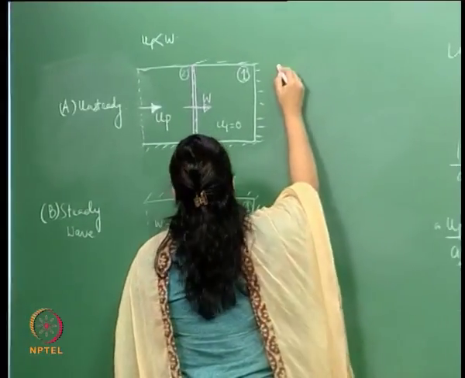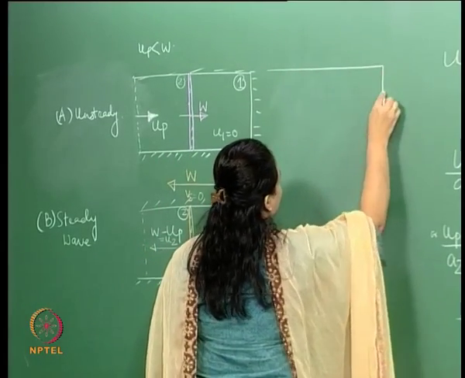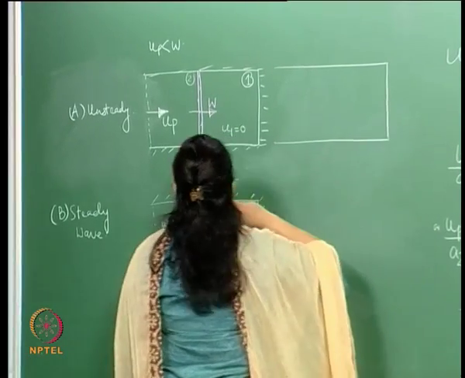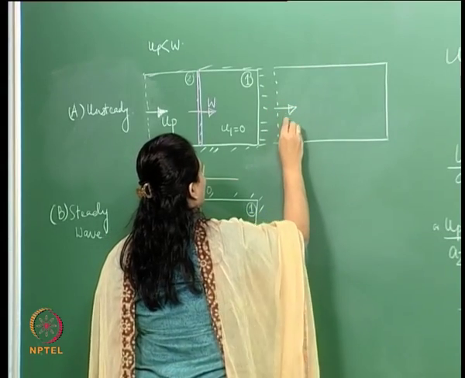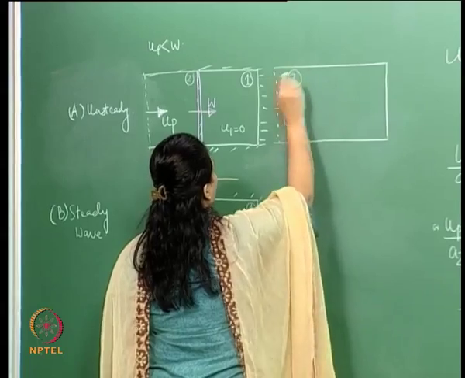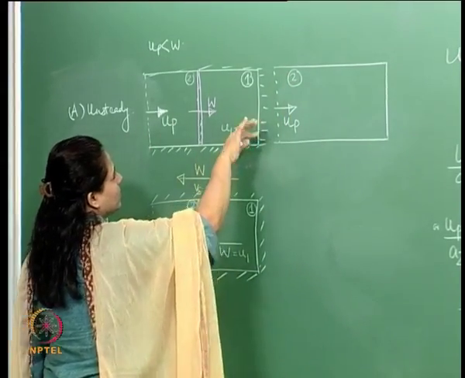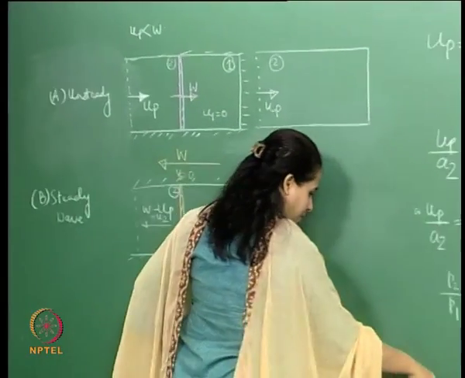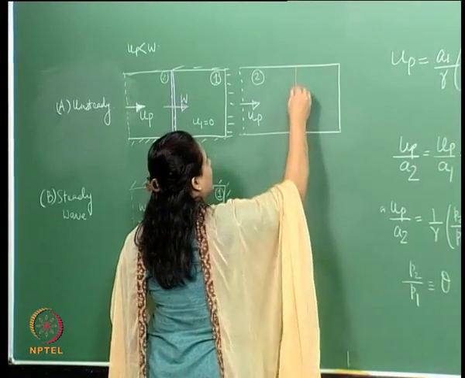Well, what will happen is, I still have this. This is my region 2, and then this shock meets that region and is reflected back, and obviously the strength of that is now different.